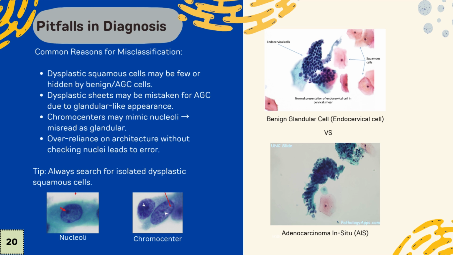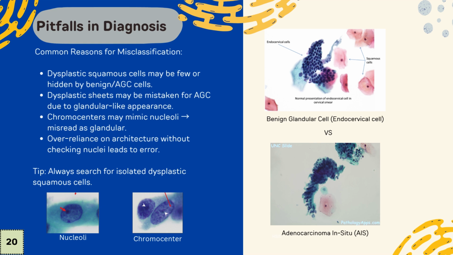First, dysplastic squamous cells may be few or hidden among benign endocervical or atypical glandular cells, making them easy to miss. Second, squamous sheets can appear glandular at the edge, especially if they form rounded clusters, which leads to misdiagnosis as AGC. Another important point is the presence of chromocenters in squamous cells.